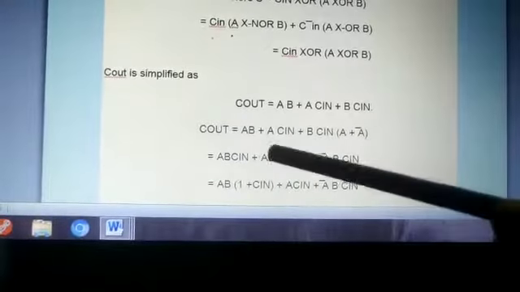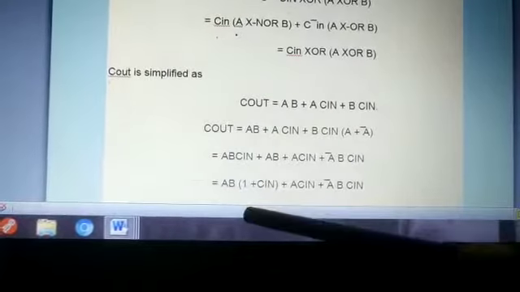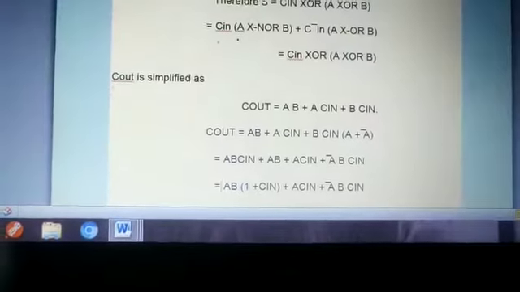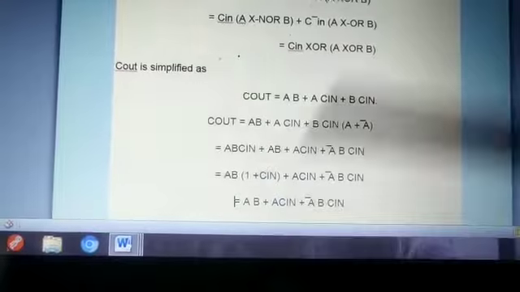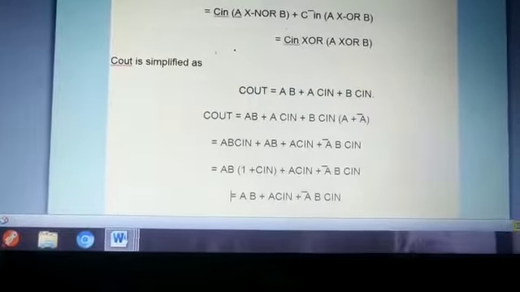Then we arrange and take common AB, so what is left is 1 plus C in plus A C in plus A bar C in. 1 plus X means 1. So it becomes AB plus A C in plus A bar B C in.